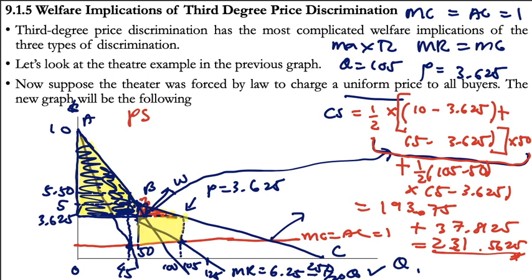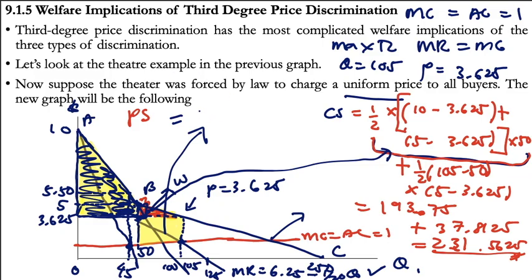So this area is very easy to calculate, and the producer surplus here would be what? If you calculate it yourself, you're going to get this value. You try it yourself, because this is very easy to find actually.